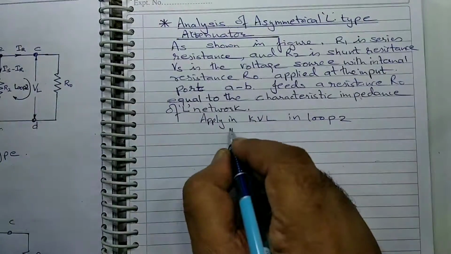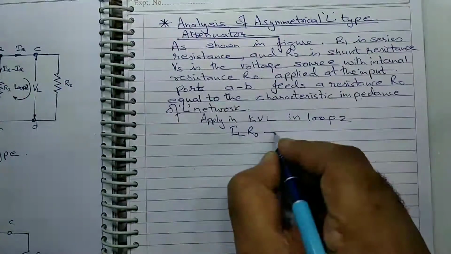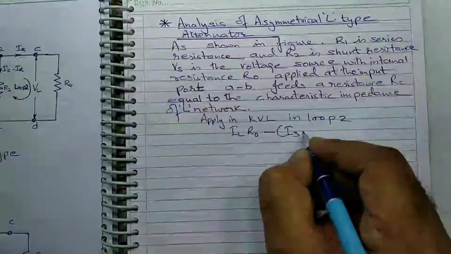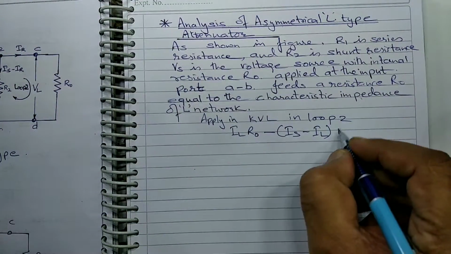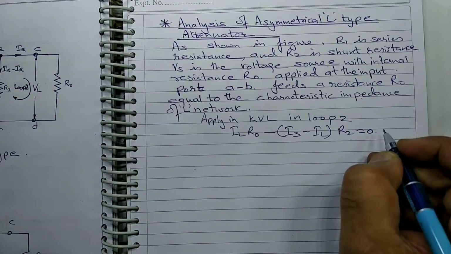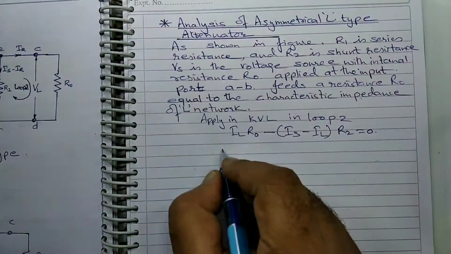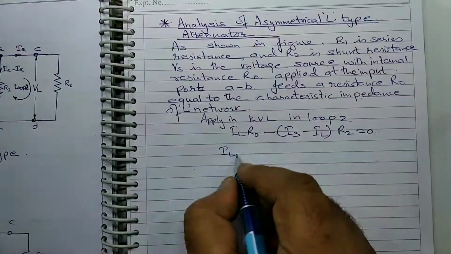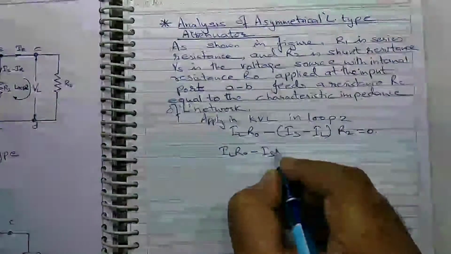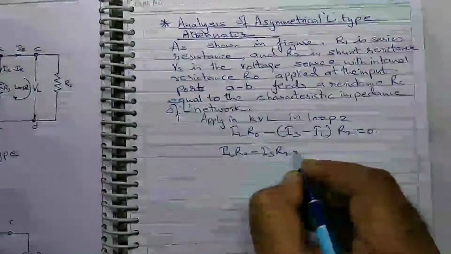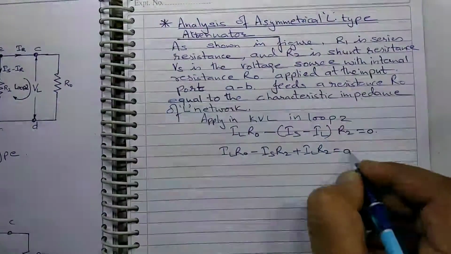IL Ro minus (Is minus IL) R2 is equal to 0, or IL Ro minus Is R2 plus IL R2 is equal to 0.